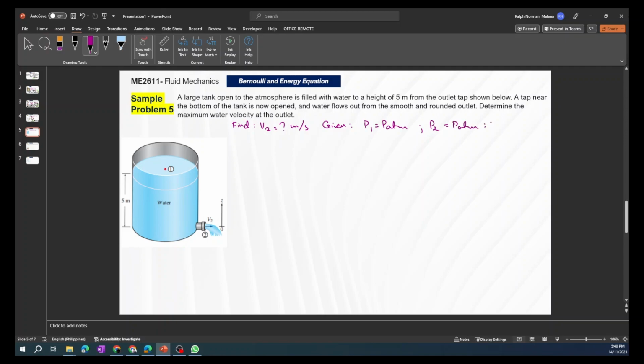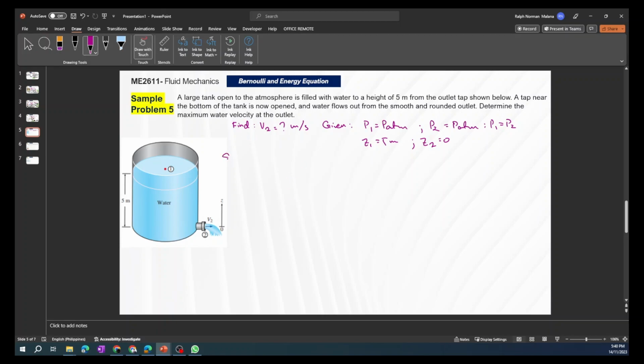Hence P1 is P2. What else? We're given an elevation Z1 at 5 meters, and Z2, since it's going down, is 0.